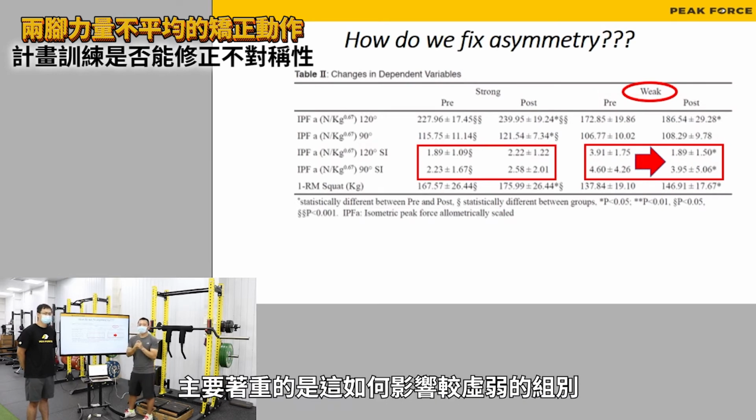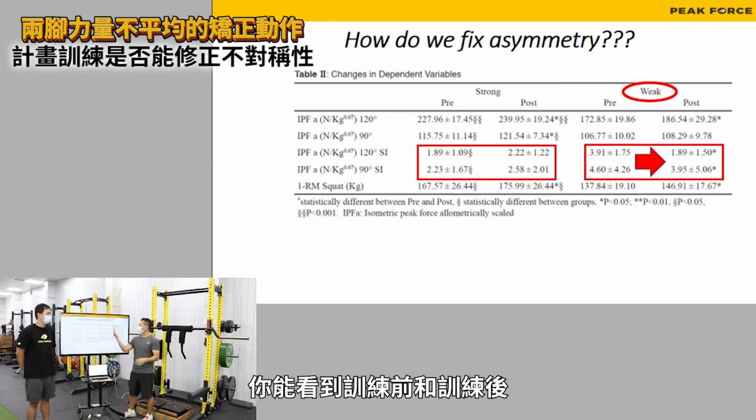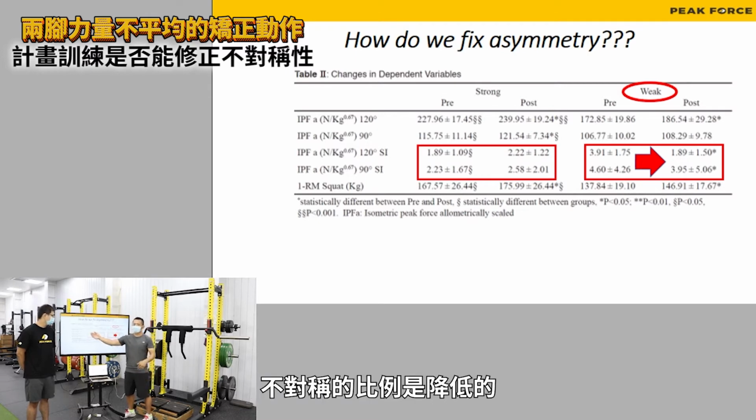So let's look at the outcome here. The main focus is how it influences the weaker group. I want to mention the weaker group's data, and you can see from pre to post that the asymmetry percentage actually went down.